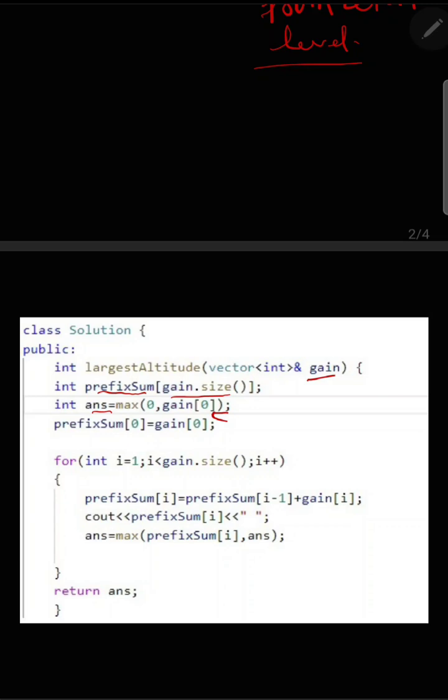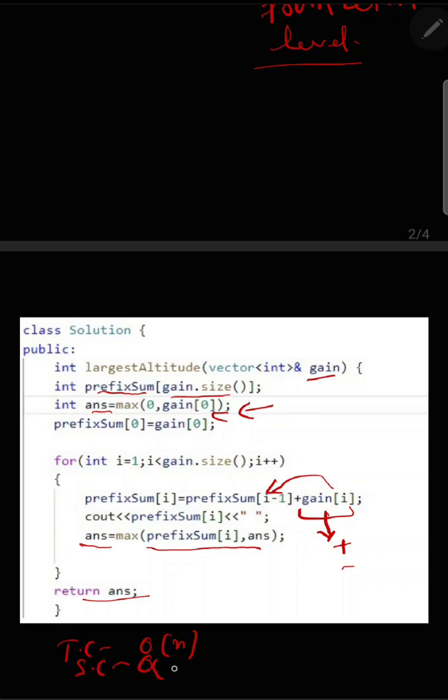After that we keep looking back to i minus 1 and adding the gain. It can be positive, it can be negative, and we are adding all the gains in this prefix sum array, and at every point we are checking the maximum of both, and after that we are returning. The time complexity here is O of n, and the space complexity is also O of n.